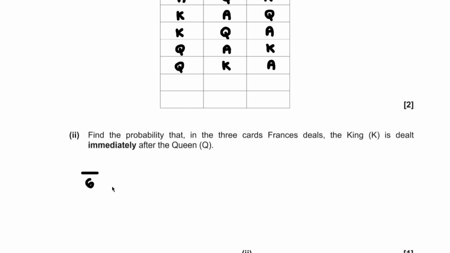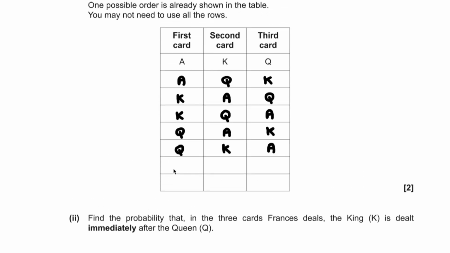out of 6. And how many do we have where we have queen then king? So we have the king dealt immediately after the queen. So we have this one and this one.